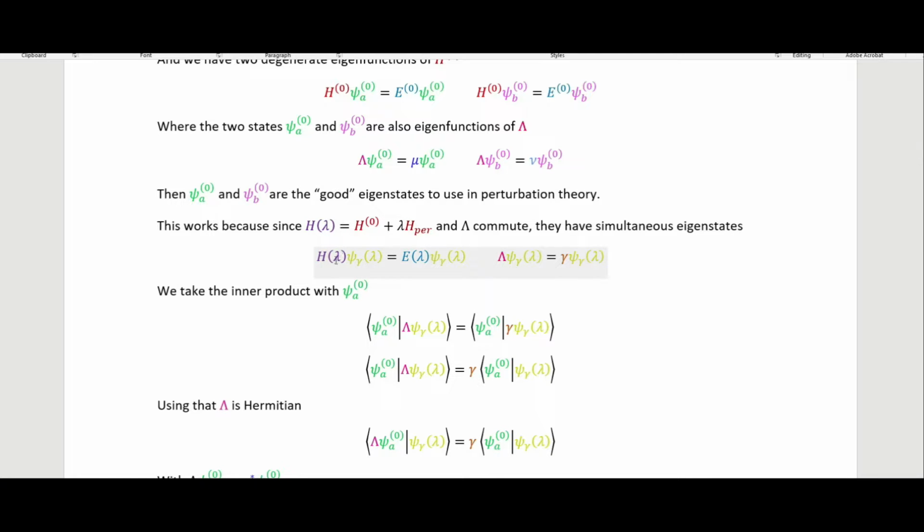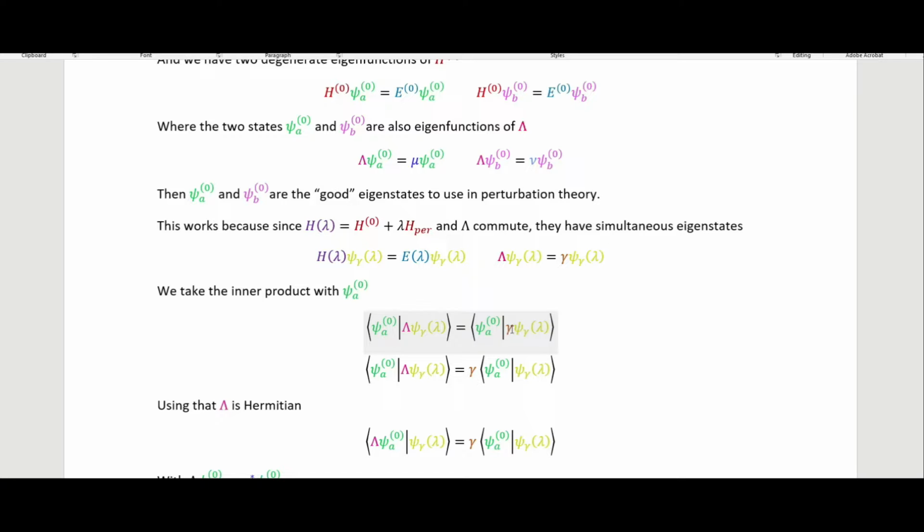And so if we act with our real Hamiltonian on our eigenstates here, we can get the energy from the Hamiltonian. We can get whatever this eigenvalue is, this gamma eigenvalue, from our lambda here. And so if we take both sides of this, if we do the inner product with this psi sub A here, we get this.